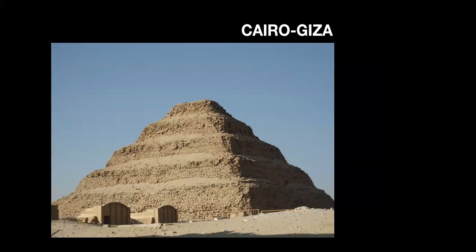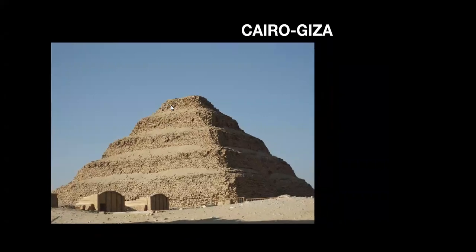This is, as you see, a step pyramid. They didn't start building pyramids all at once with the perfect shape of a pyramid, but they first started experimenting. So we will see various examples of how the shape of the pyramid developed, how this burial idea came from the ancient Egyptian culture.